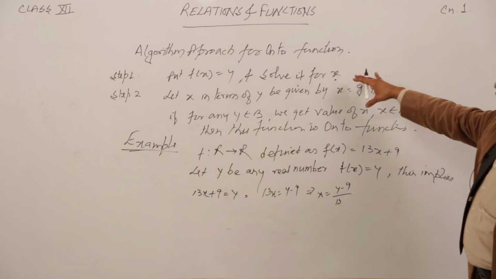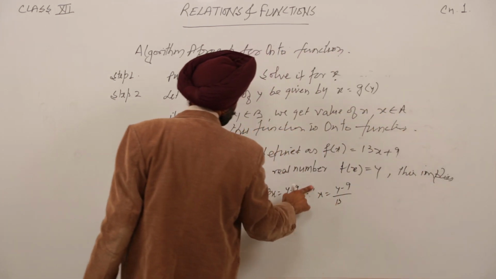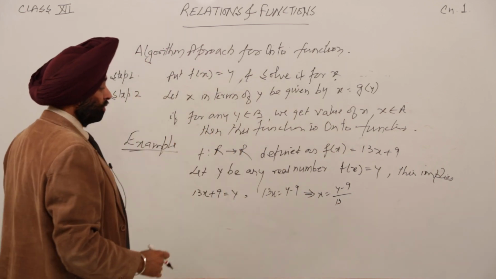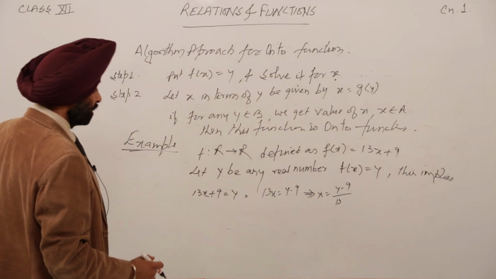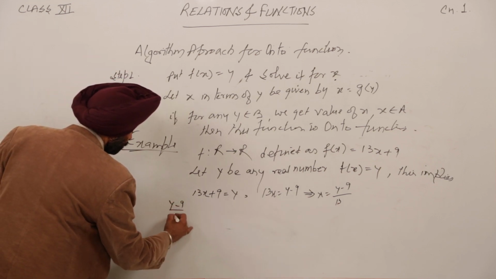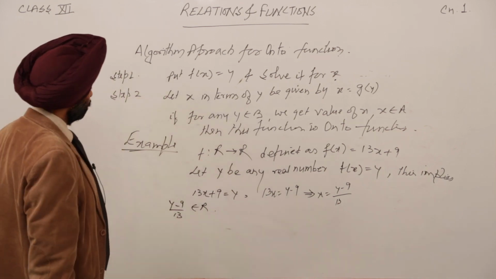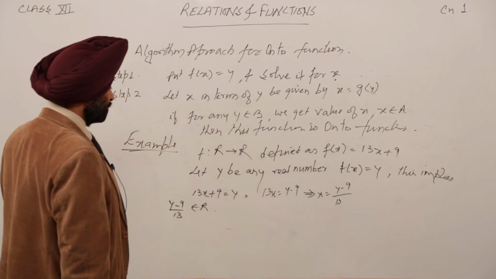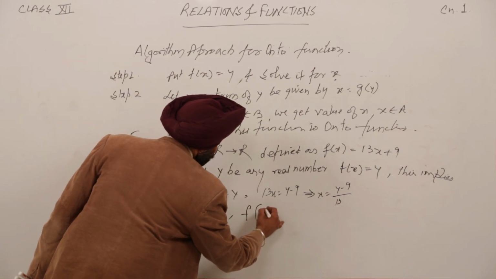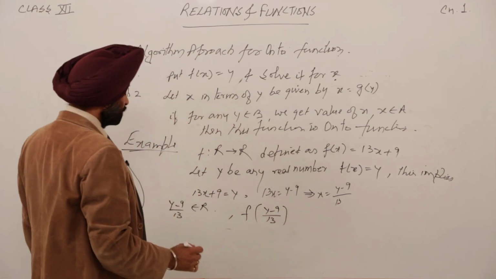f(x) is equal to y, solve it for x. I have solved it for x. We are having x is equal to (y minus 9) upon 13. Now we can say (y minus 9) upon 13 also belongs to R. We are getting that this belongs to R. Now then further, f of (y minus 9) upon 13 is equal to what?